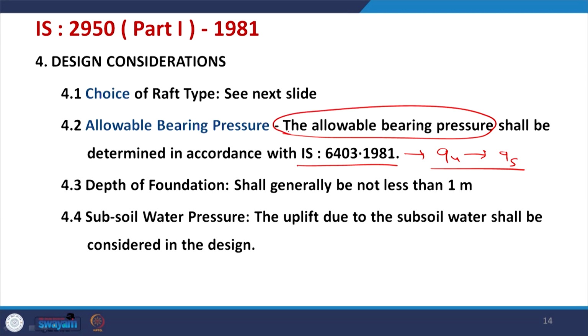Then the depth of foundation. It is generally said that for the raft footing, Df should not be less than 1 meter. Df for any footing is defined as the depth from ground level to the base of the footing, not to the top of the footing. That is the important thing to understand.